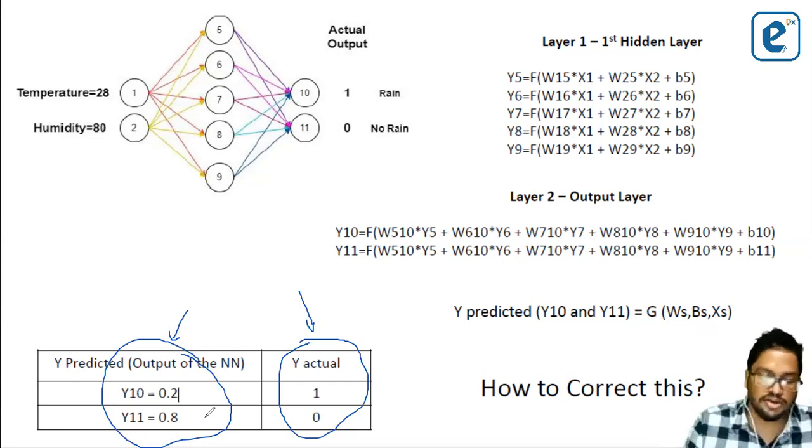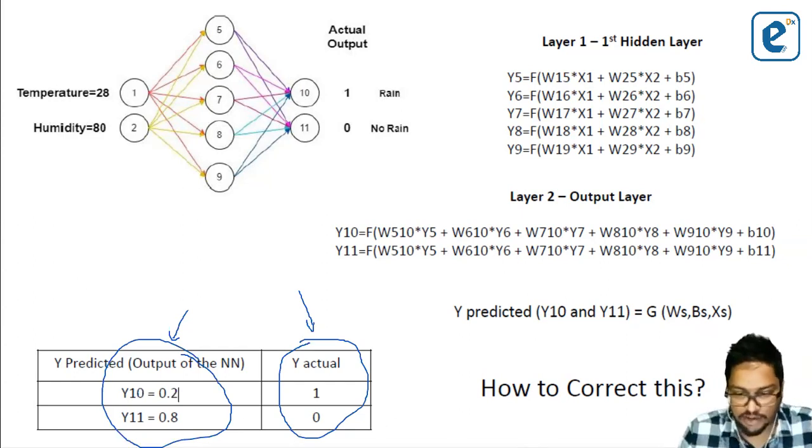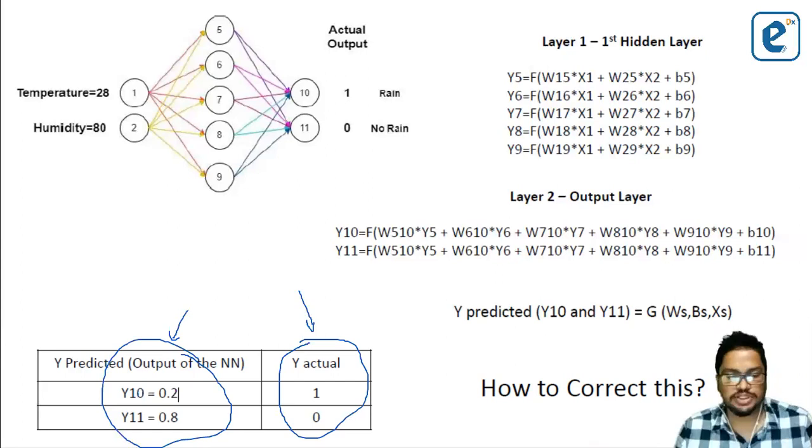So in order to get it closer, what can we do? We need to change y10 and y11, the predicted y10 and predicted y11. So in order to change them, what should we do?